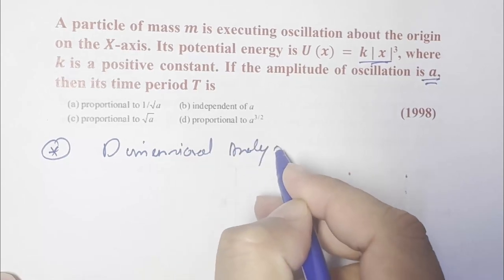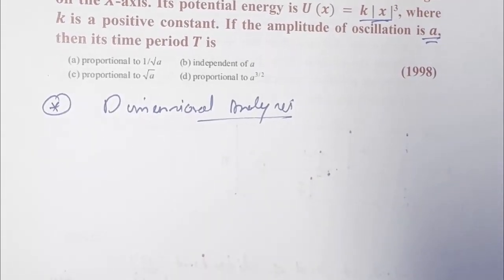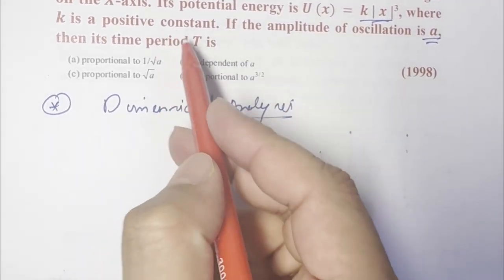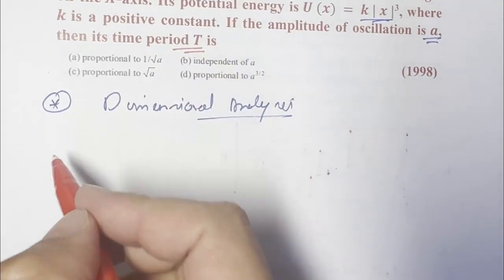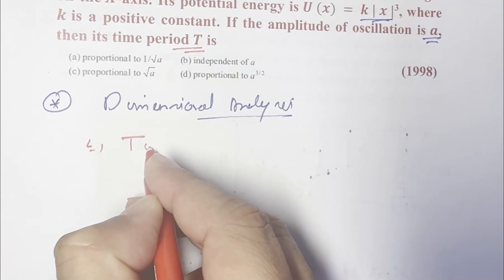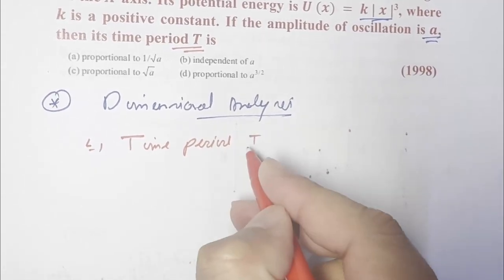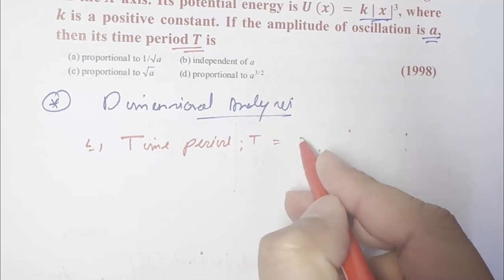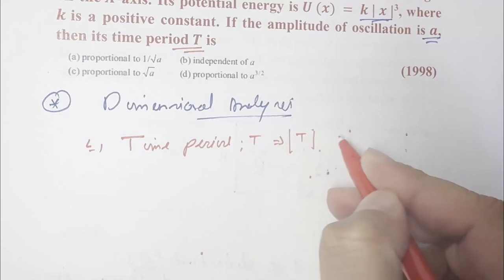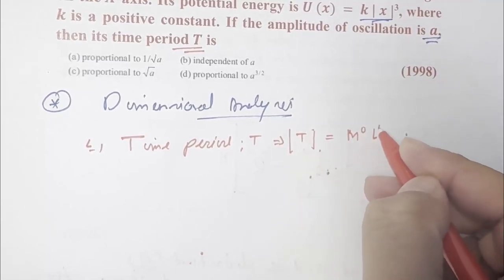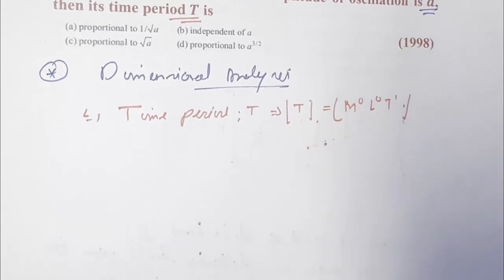In this dimensional analysis we start with the time period, which is represented as T, and its dimensions will be M0 L0 T1. The variables it is involved with are the mass m, amplitude a and constant k.